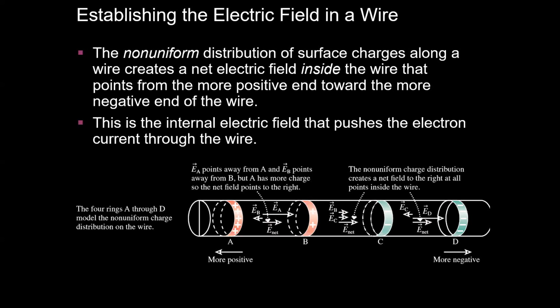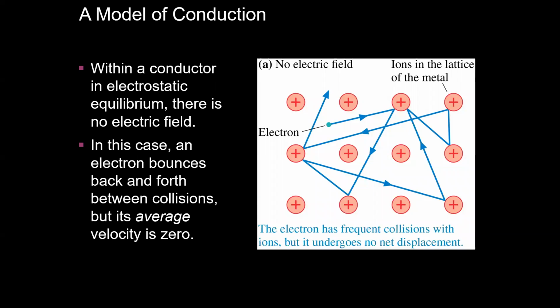This is how we get electric current, because you have the electric field pushing the ideal gas of electrons forward. Actually, it's in the direction against the field because they're negative charges, but this is how you get electric current in a wire. But what's happening to the electrons themselves? This is the picture we're able to study to see how the electrons are actually moving inside, and this will be the topic of the next video.